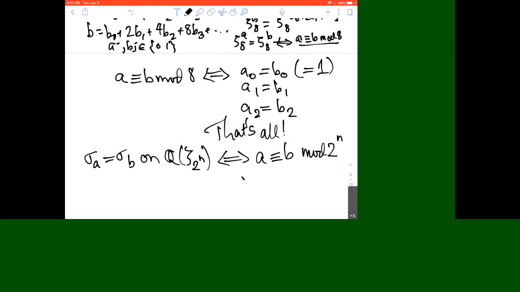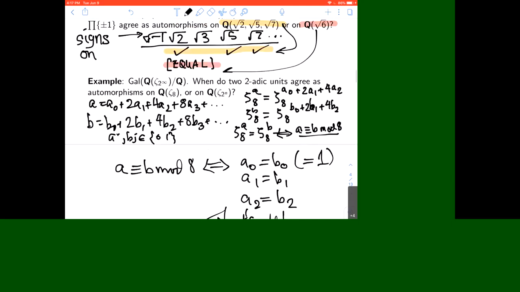In other words, you need all the digits, because they're just zeros and ones, so it's binary expansions, you need them literally to be equal from position 0 up to position n minus 1. So we did the case at n equals 3. Okay, so what we see is that being close in the cyclotomic power extension is something about initial digits being the same. And this, in fact, is exactly the same idea as in Liang's course in the p-adic metric topology.